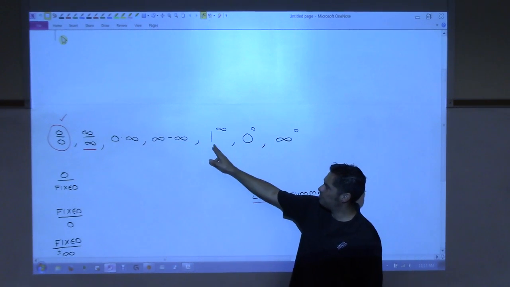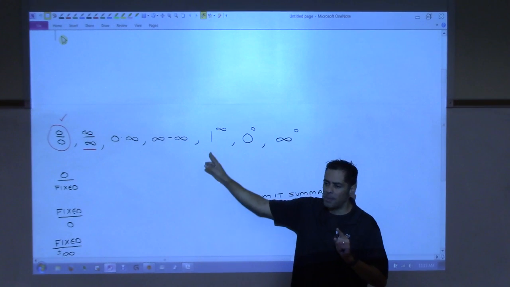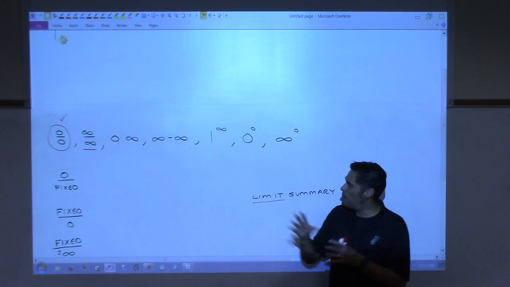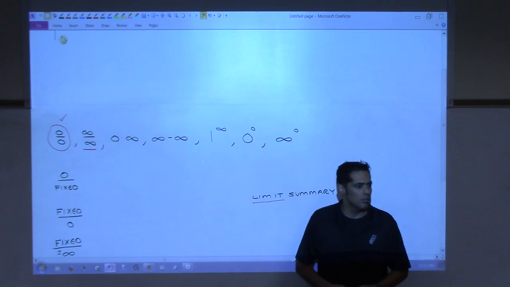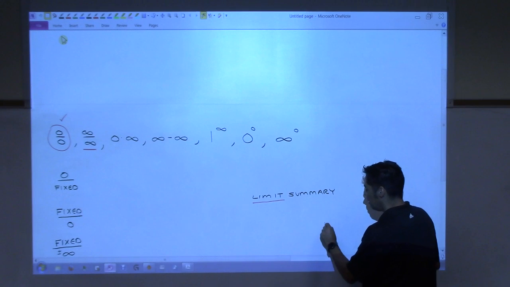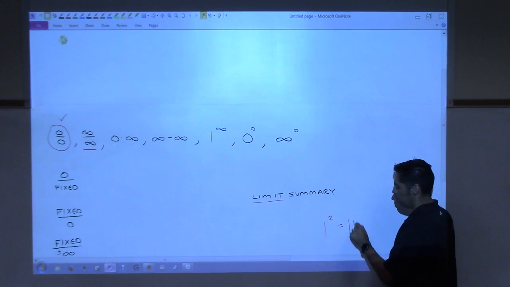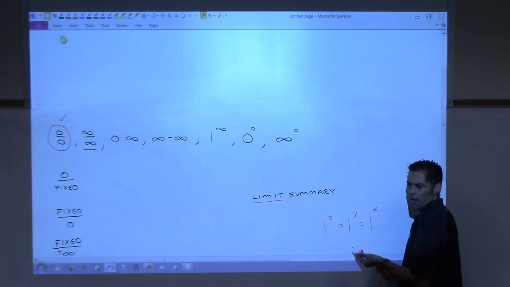This one's interesting. If you have not the number 1, but something that is approaching 1, so the base is approaching 1, and then the exponent is getting huge, what happens? Well, we were taught in other classes that 1 squared is 1, 1 cubed is 1, 1 to any power is 1, right?